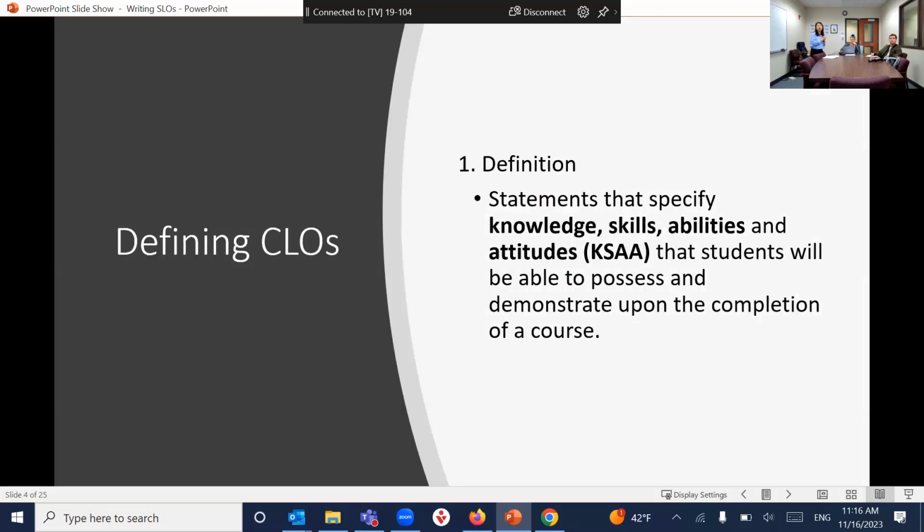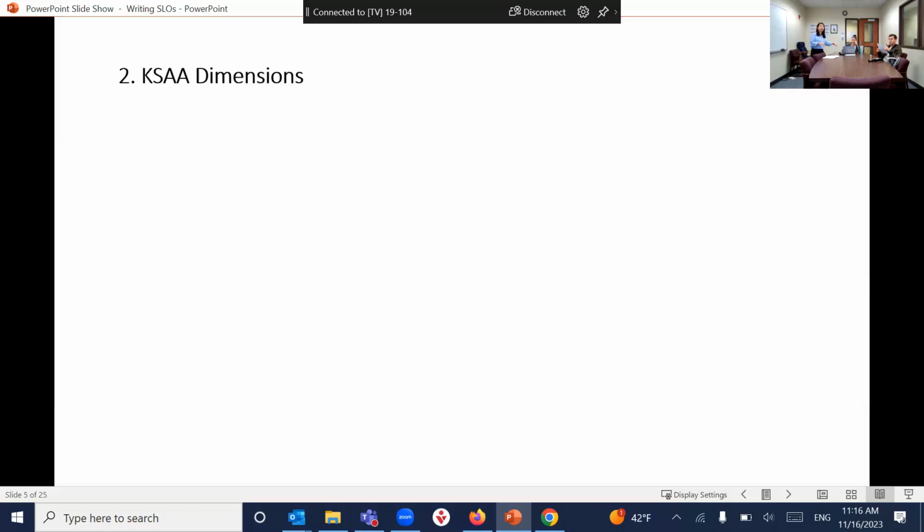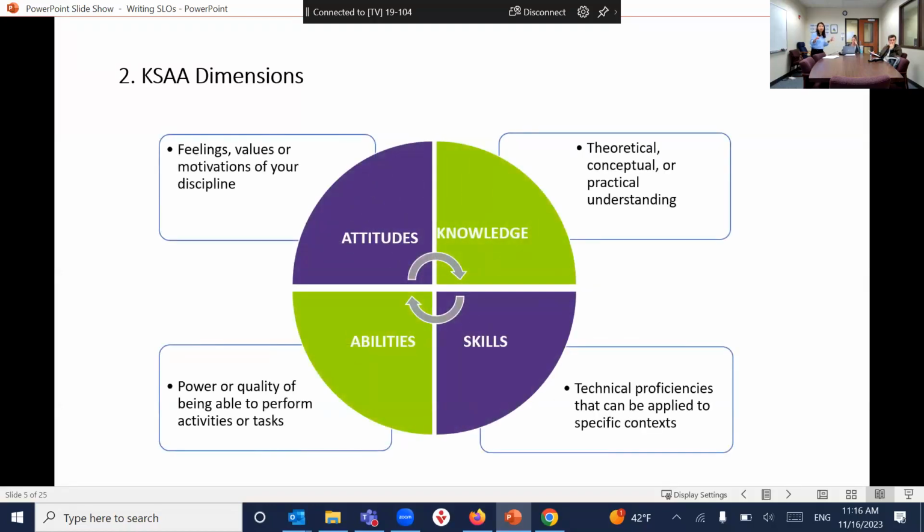So what are course learning outcomes? Course learning outcomes are statements that specify the knowledge, skills, abilities, and attitudes, we say KSAA, that students will be able to possess and demonstrate upon the completion of a course. In regard to the KSAA dimensions, knowledge refers to theoretical and conceptual or practical understanding, usually the facts and elements.